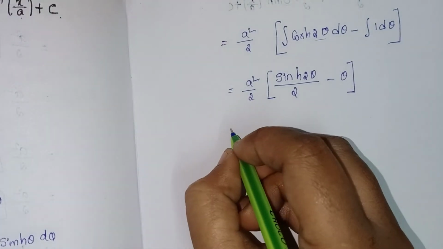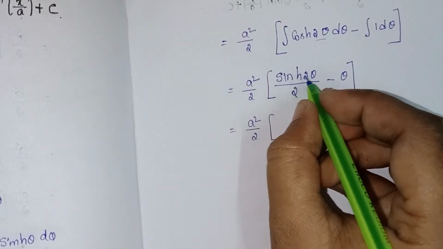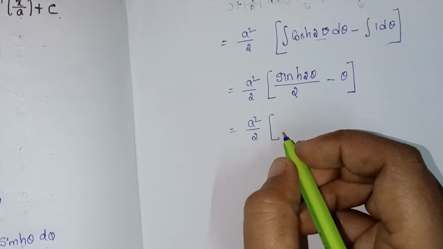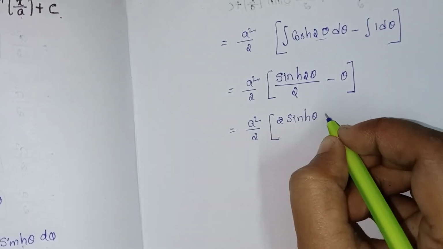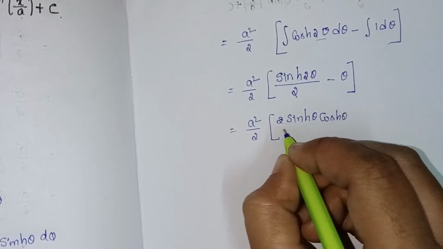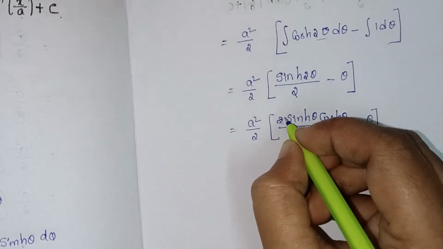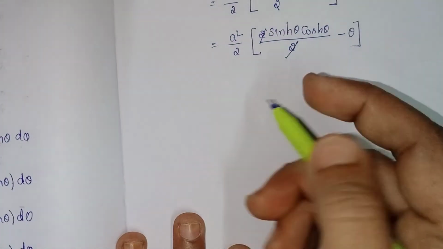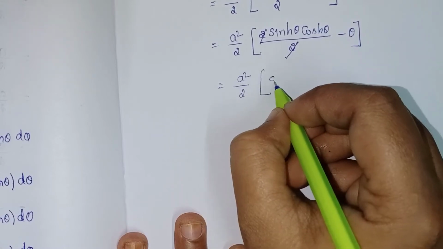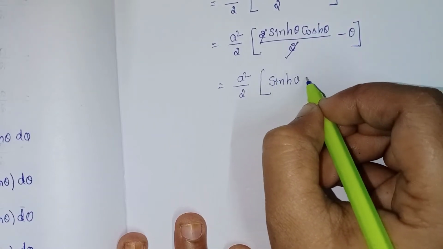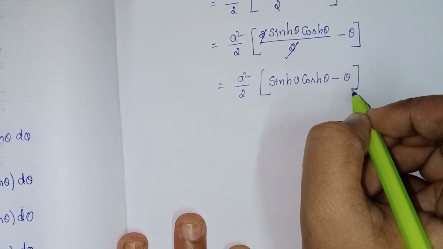Okay, next a square by 2 into sin h 2 theta, that means 2 into sin h theta cos h theta by 2, minus theta, 2 gets cancelled. a square by 2 into sin h theta cos h theta minus theta.